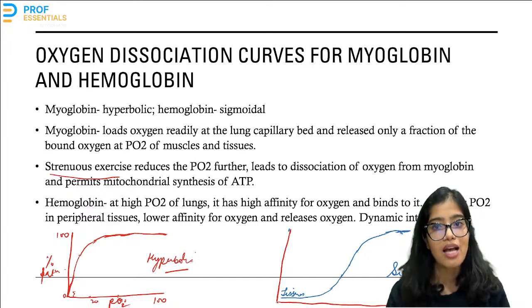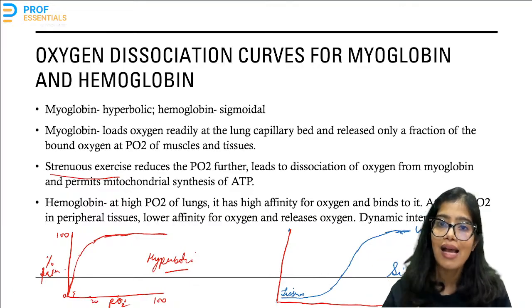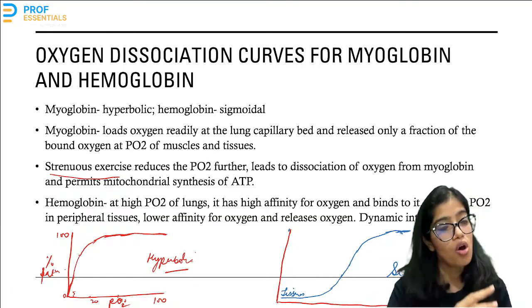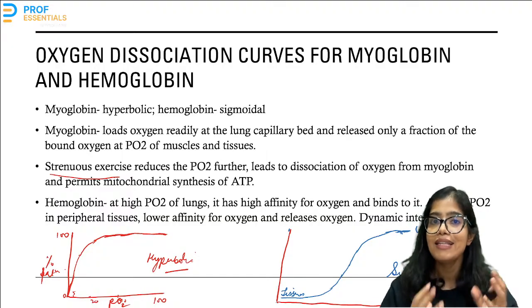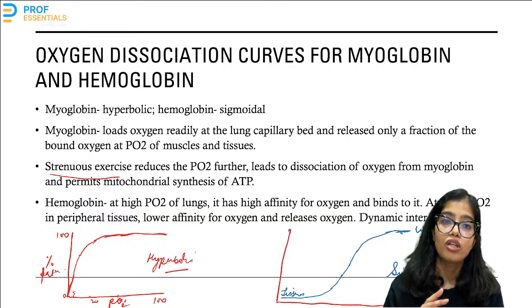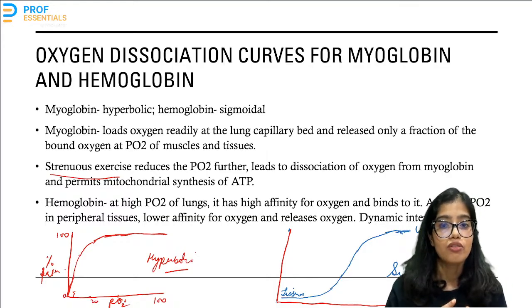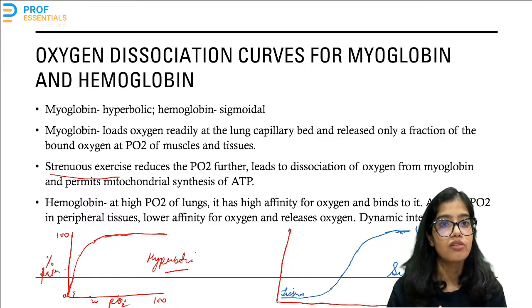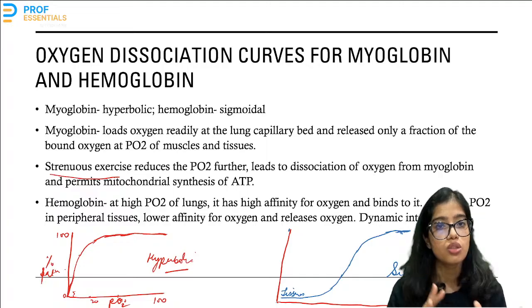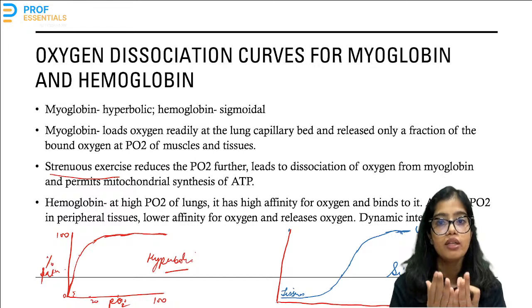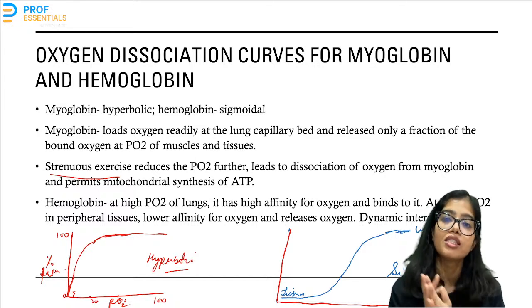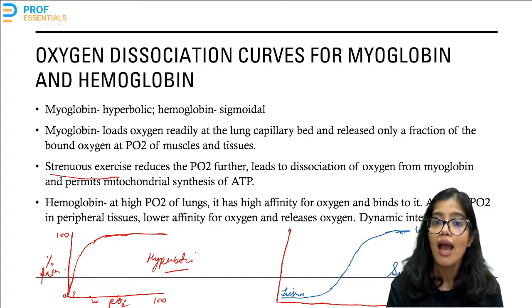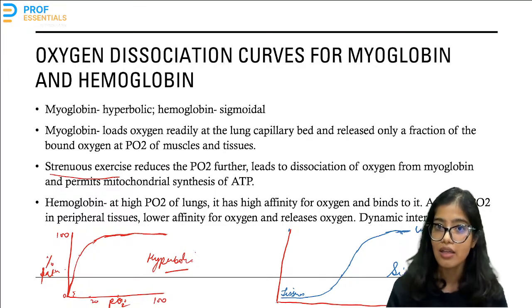It increases as you go to the lungs, but it will start dissociating as the partial pressure of oxygen is reducing. We saw how the interconversion between R and T states, the dynamic movement of the proton, and the involvement of carbonic anhydrase mediated conversion of carbon dioxide to the weak acid, all those things are involved in the hemoglobin induced delivery of oxygen at the tissues and pickup at the level of the lung capillary bed.